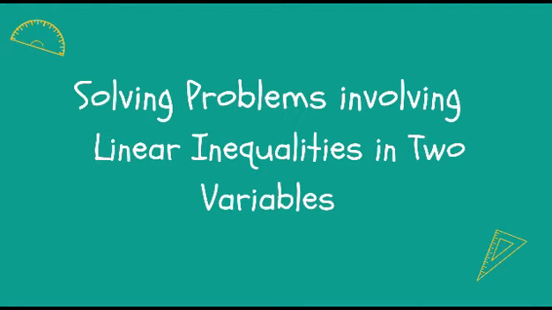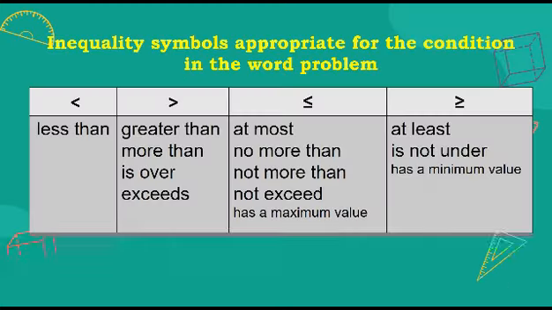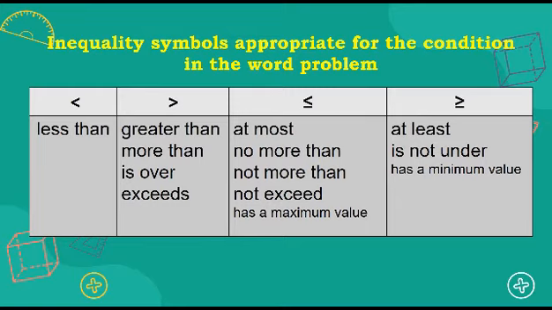This time, let's try to solve problems involving linear inequalities in two variables. Here are some of the words that you may encounter in a word problem and the inequality symbols appropriate for them. If we encounter less than, we use the less than symbol. If we encounter greater than, more than, is over, exceed, we will use the greater than symbol.